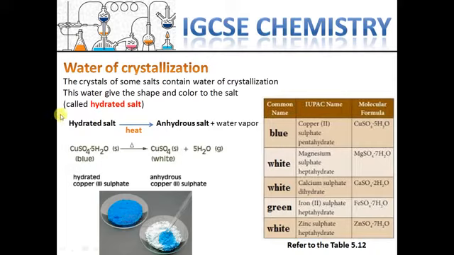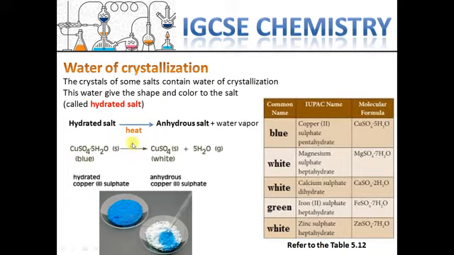Here there is an example like copper based salt, copper sulfate, which contains water. Its form of solid, as you can see, is a crystal, and the color is blue.